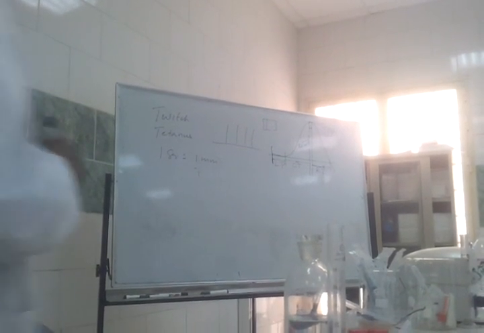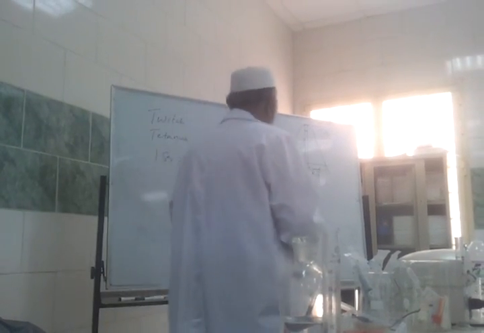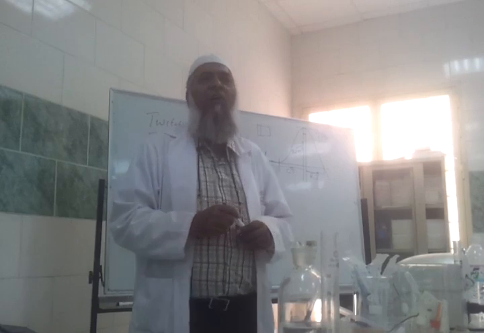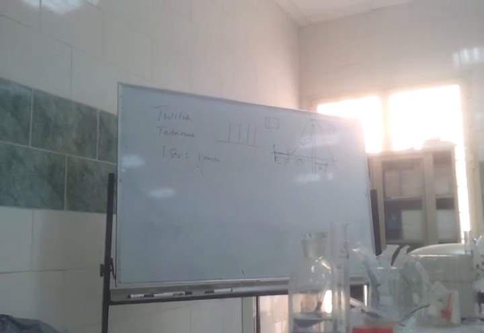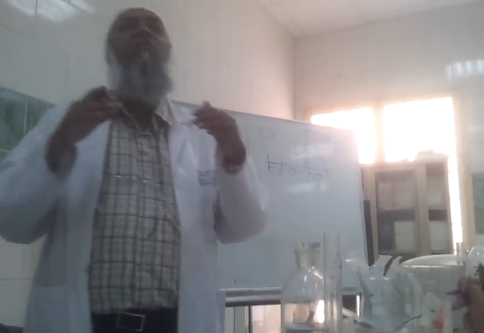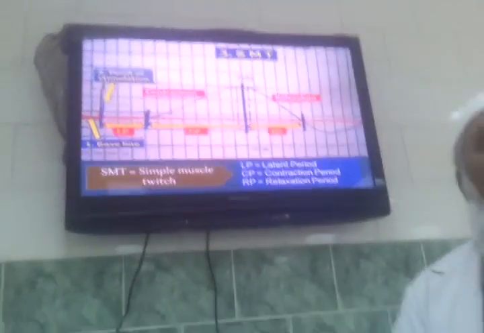And for this conversion, you have to find out the paper speed, the speed with which the paper was moving while the graph was recorded, while the curve was recorded.